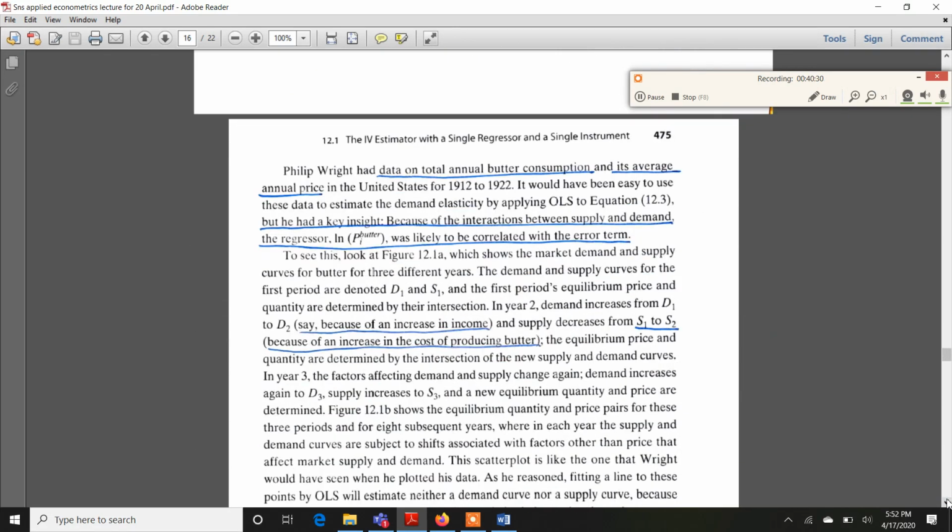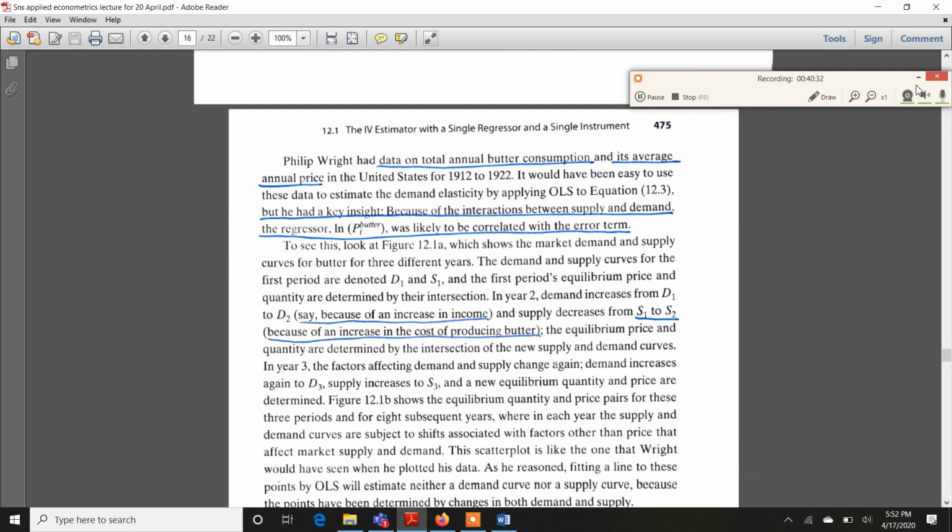Okay. So Wright, or Philip Wright, who proposed the instrumental variable technique, had data on total annual butter consumption and its average annual price, right? So he had data on quantity consumed, or you could say quantity demanded, and its annual price, right? But he had a key insight.